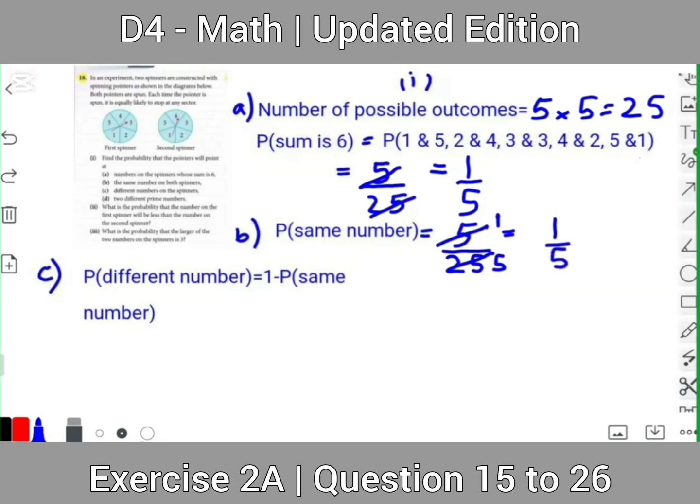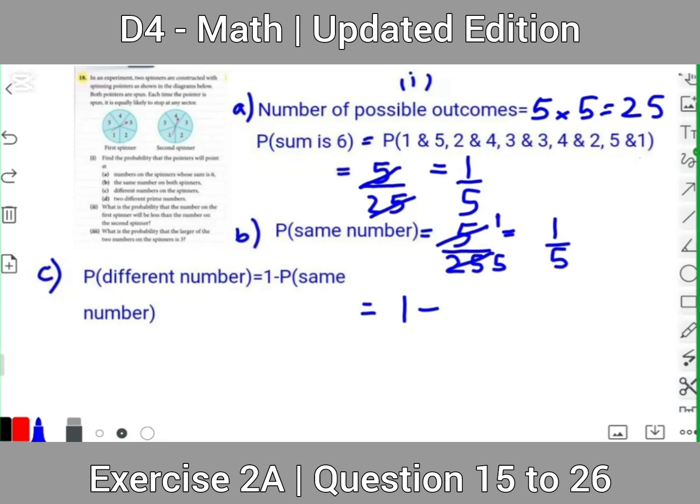Now, the probability we have to find is that of different numbers on the spinners. Since we have found the probability for the same number, the complement of this event will be the probability of the different number, equal to 1 minus the probability of the same number.